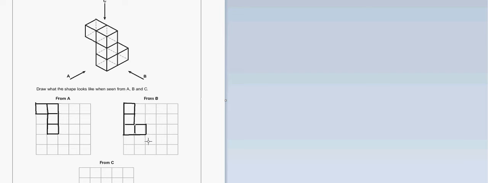Now from the top I would only see these 2 squares and this one. So if I just scroll it a little bit more, so I would see this bottom square. Okay, I'm just sort of drawing it in fairly quickly, just so that you can see that it is that simple.